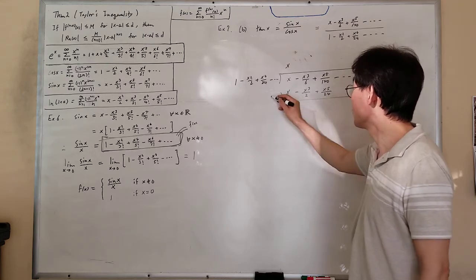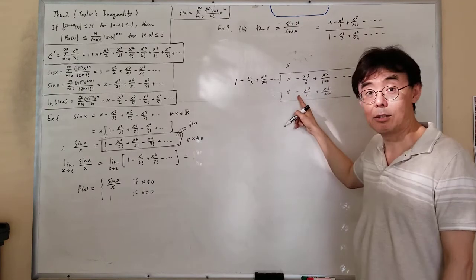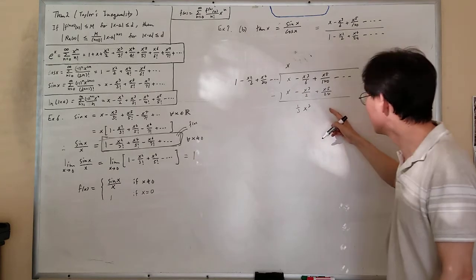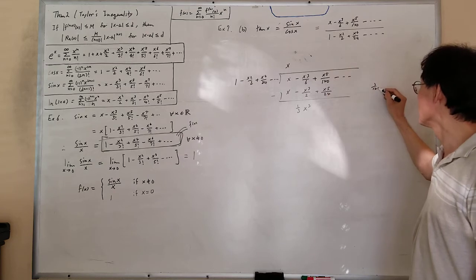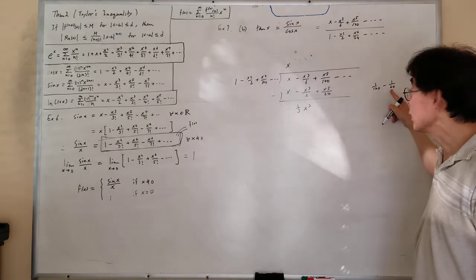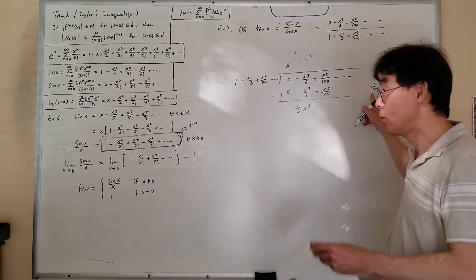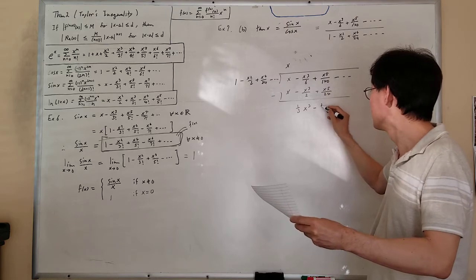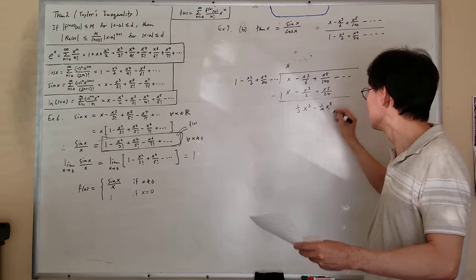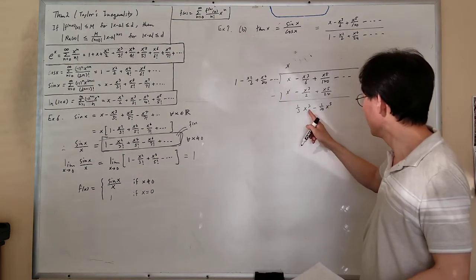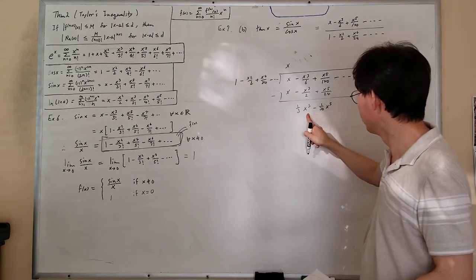You subtract. Positive 1/2 minus 1/6 is 1/3 x cubed. See? 1/120 minus 1/24, that is 1 over 120 minus 5 over 120, so minus 4 over 120, which means minus 1/30. And then for this one, what do you need?